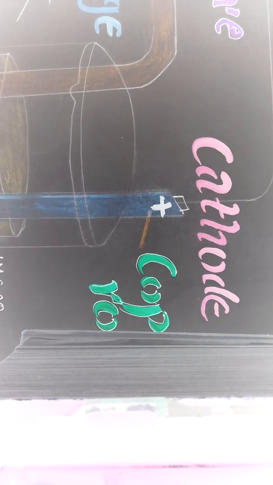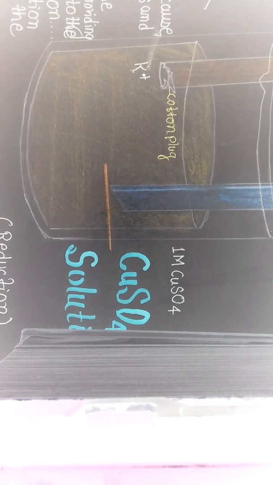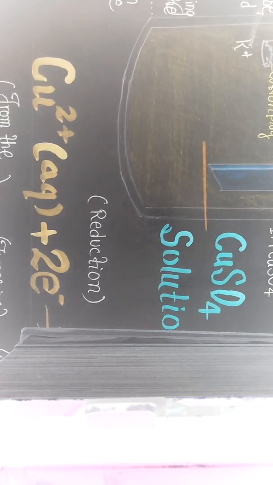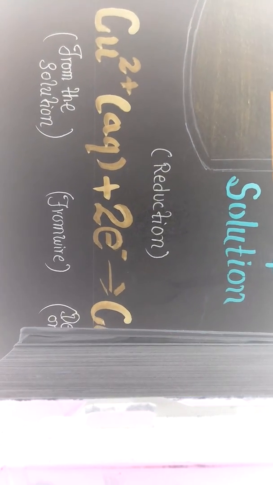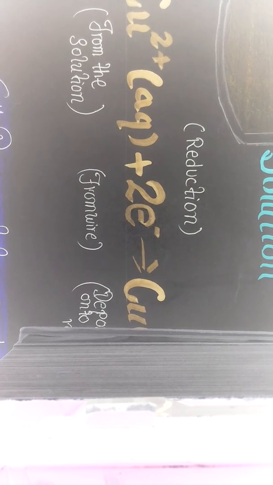The copper rod is dipped into its own ion solution, that is CuSO4 solution. This is a 1 molar solution, and there is a reduction. For the reduction, the equation is Cu2+ aqueous plus 2e- gives Cu solid.